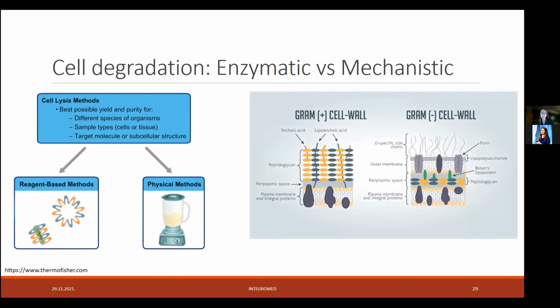Why is it important? Because as we know, bacteria can be classified into gram-positive and gram-negative bacteria, and the gram-positive cell wall contains a thick peptidoglycan layer.